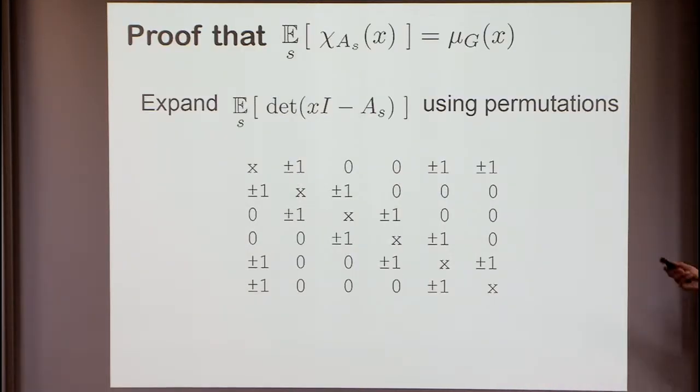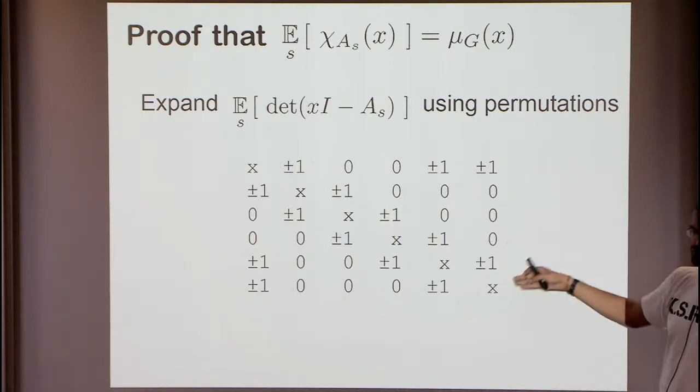And the theorem is that the expected characteristic polynomial of a random signing of an adjacency matrix is equal to this. And here's a very simple proof. The proof is just to expand this expression using permutations, right? It's an expectation of a determinant of xI minus A_s, where xI minus A_s is a random matrix that looks like this.